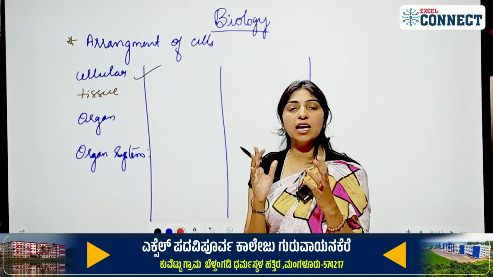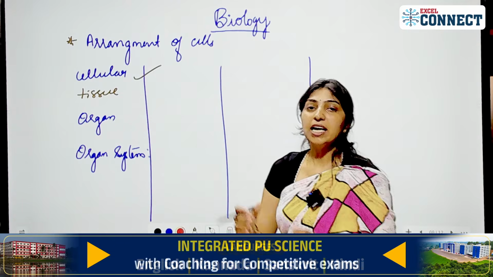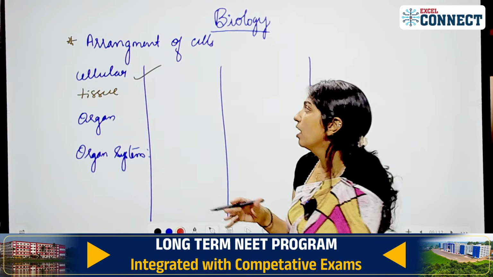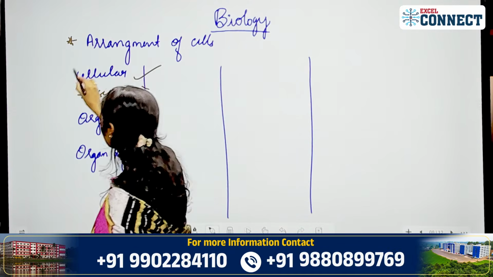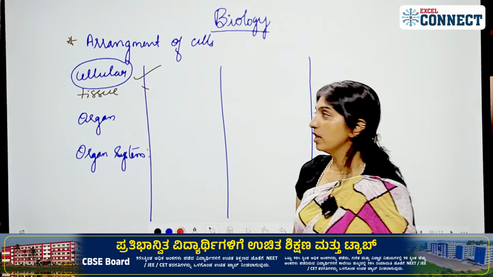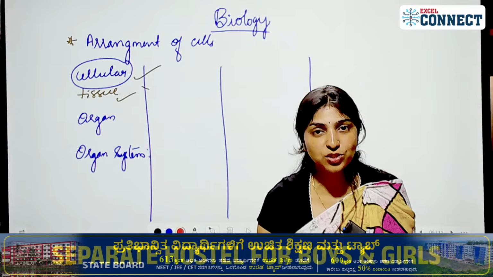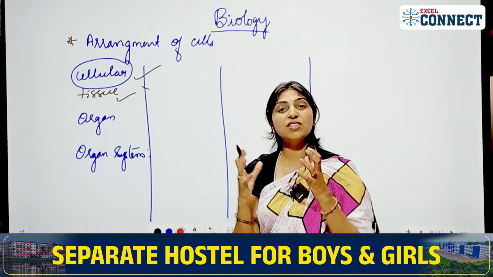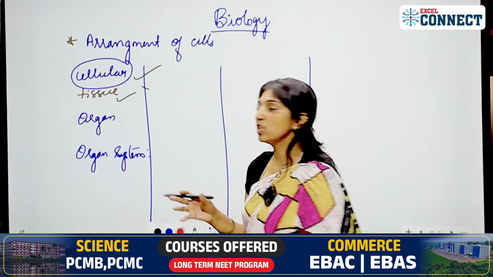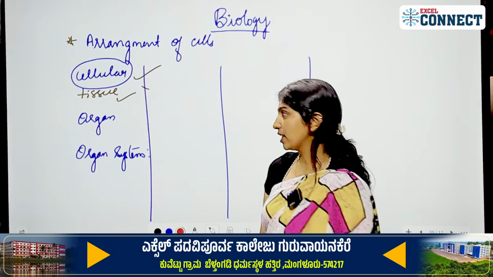In the animals, they are multicellular. They are made up of many cells. If the cells are in the form of a loose aggregate and there is a division of labor, those animals have the cellular level of organization. Then we have the tissue level, when cells with a similar structure or the same function combine together to form a tissue, and if the tissue performs the body function, you call it the tissue level of organization.